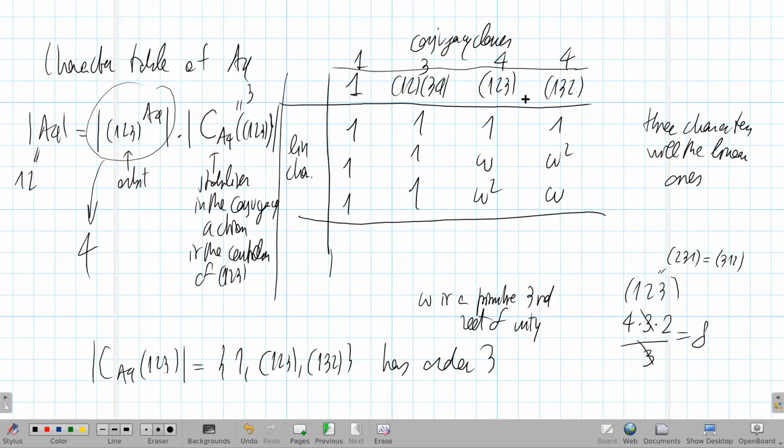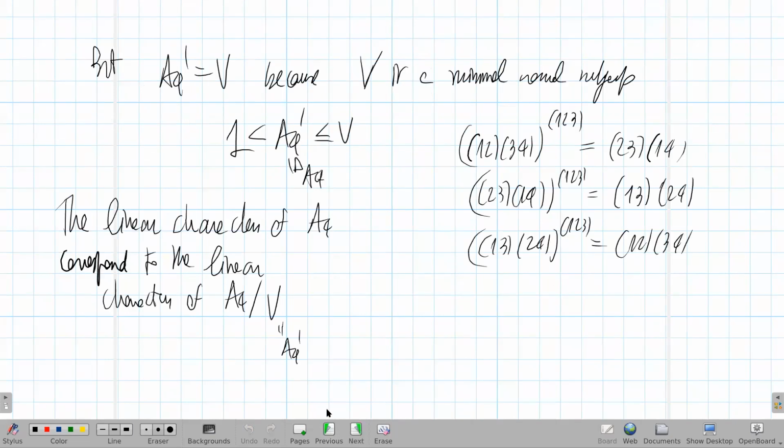So you first compute the characters of the group generated by (1 2 3), okay? And then note that the linear characters of A4 are the characters of the quotient A4 over V, so V is in the kernel. Because the idea is that this is cyclic of order 3, so you have a linear character.